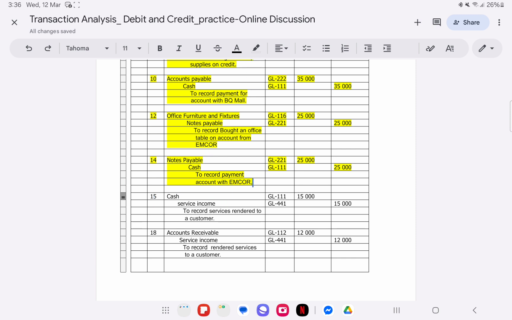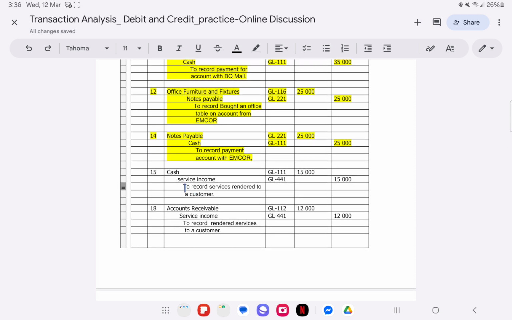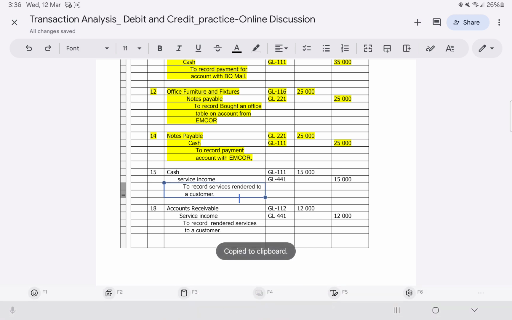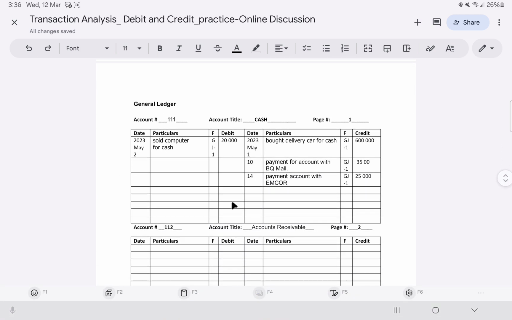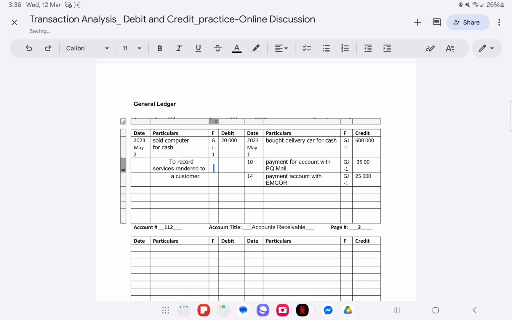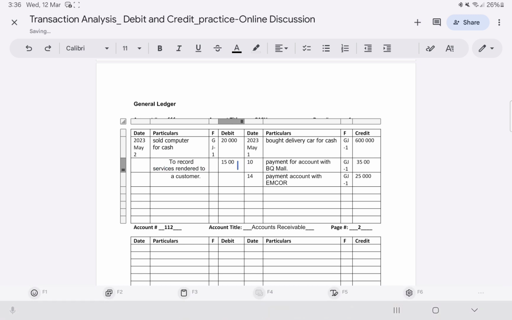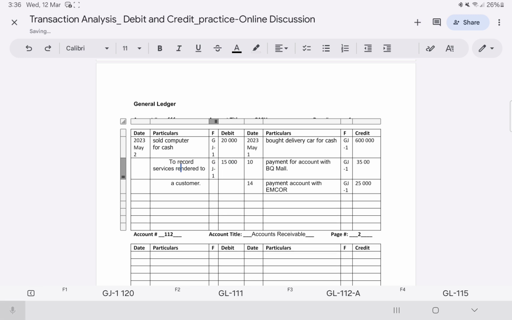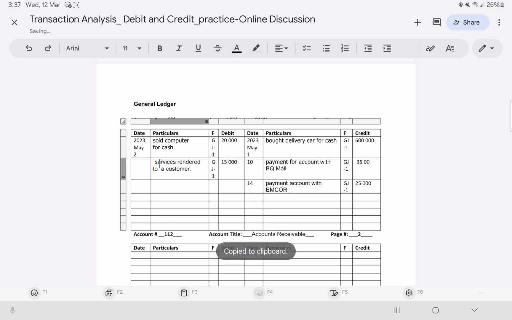So May 15, debit cash 15,000 pesos. Okay, services rendered to a customer.